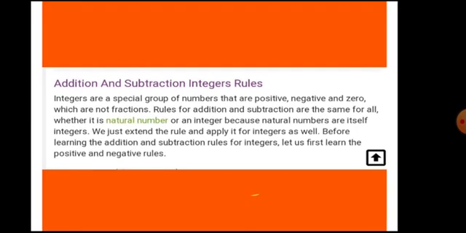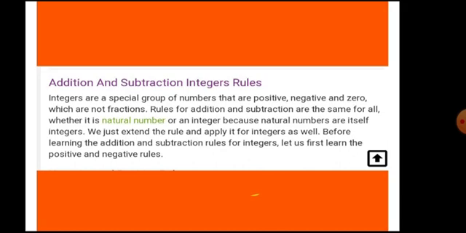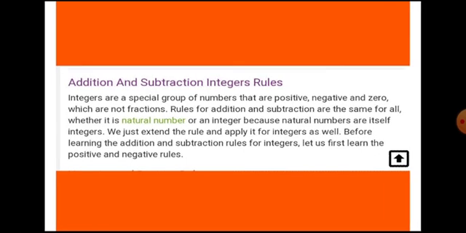Integers are a special group of numbers that are positive, negative and 0. Student, I already told you that integers are a set of positive numbers, negative numbers and 0, which are not fractions. Means fraction numbers we are not including in integers.